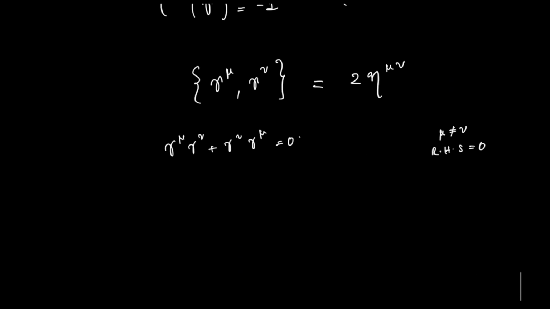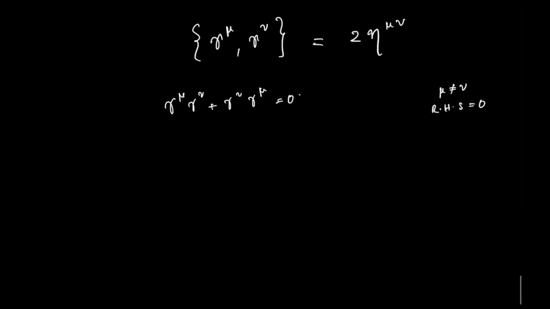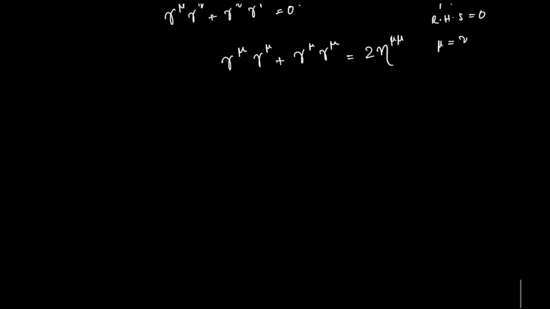Similarly, for mu equal to nu, I get gamma mu plus gamma mu, that is 2 gamma mu squared, is equal to 2 eta mu mu. So what is eta? You will get minus 1, 1, 1, 1. So this is eta.